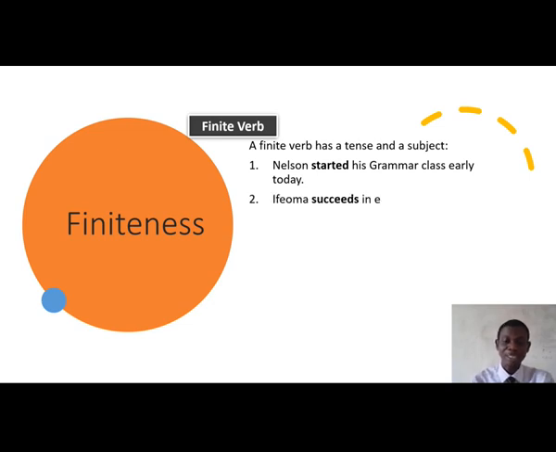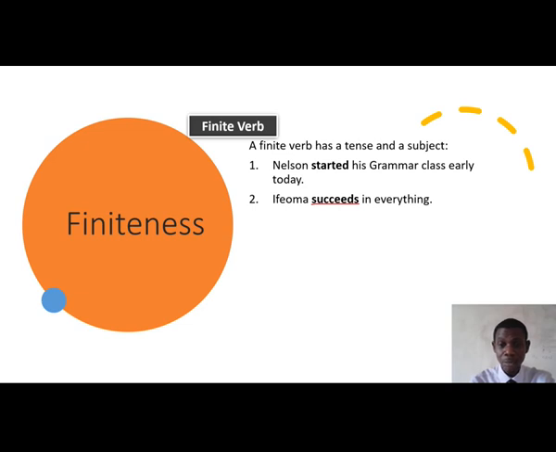Another example here is this. Informal succeeds in everything. The verb of focus here is succeeds. Who succeeds? Informal. That is the subject. And then, do we have a tense here?